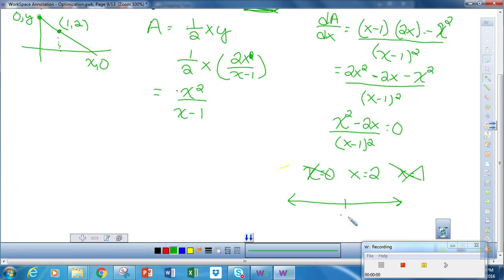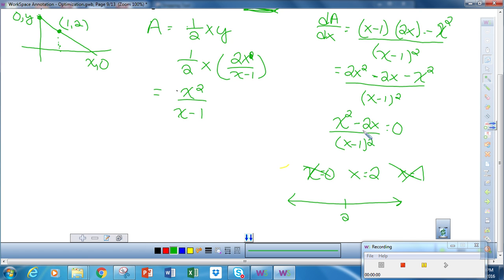So I do 2. And remember, I place that into the derivative itself. So if I take a number, let's say 1.5, because 1 is outside of its domain. Well, I guess I could do 1. So if I place 1 here, well, I can't because that's outside of the domain.